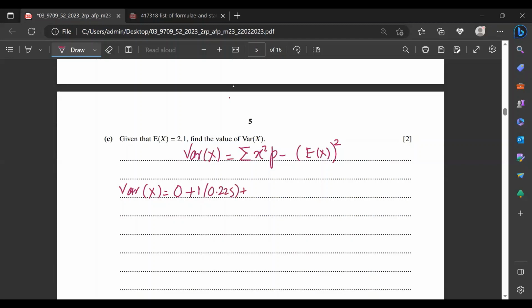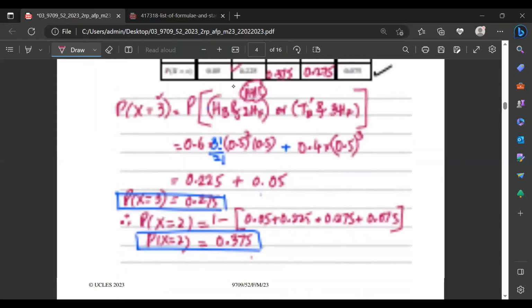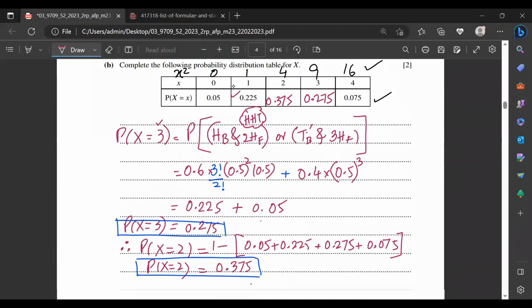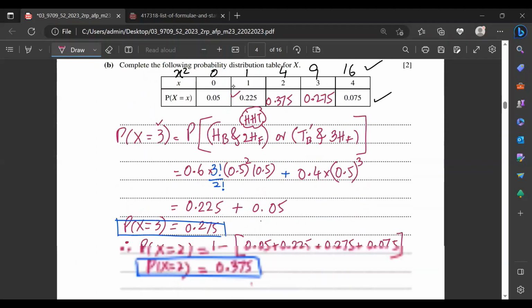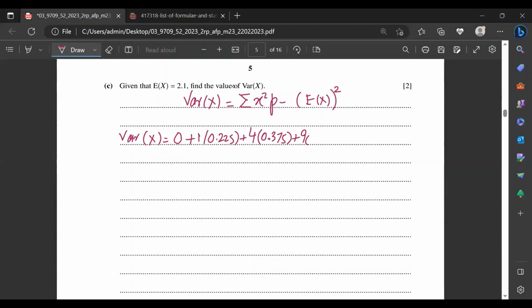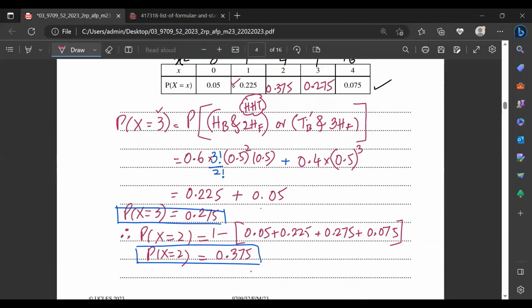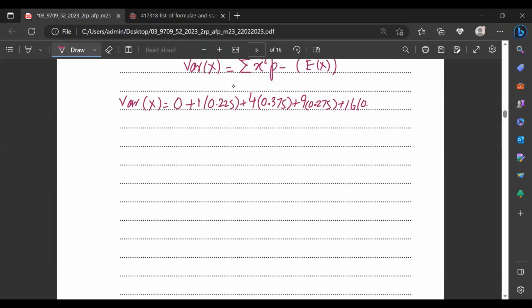The next is 4 multiplied by 0.375, plus 9 multiplied by 0.275, then 16 multiplied by 0.075.